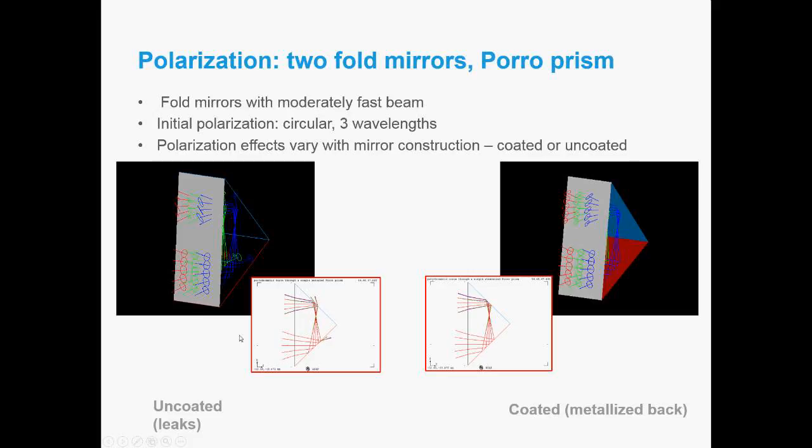So in the uncoated case, a couple of things happen. One is that some gross things happen due to the fact that we are not outside the critical angle for some parts of the beam. So we don't get very much energy out. Remember, the size of the polarization lines or ellipses is proportional to energy here. So in this case, the energy is incredibly low for the beams at the top and the beams at the bottom.